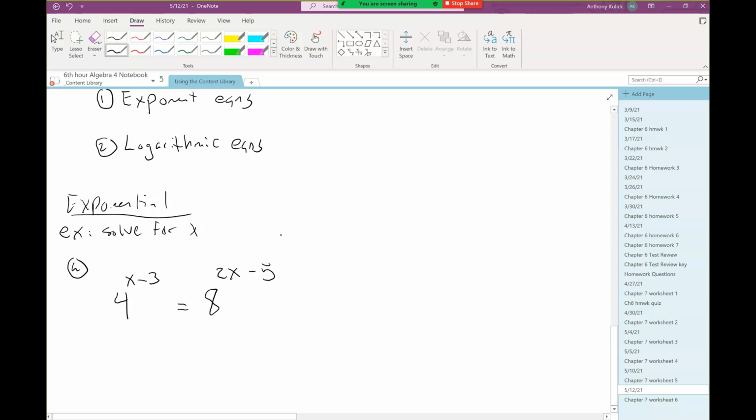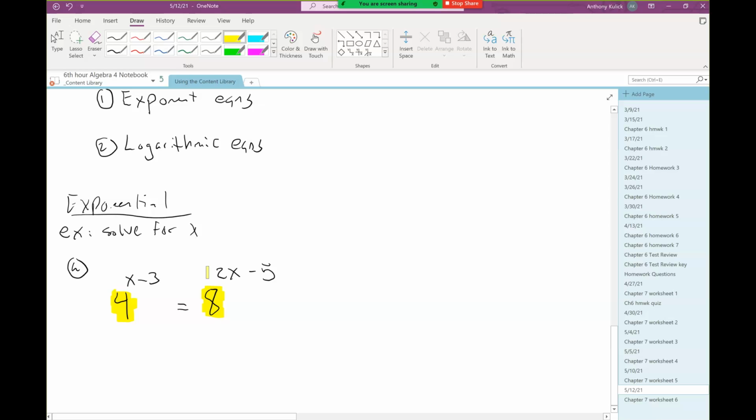So let's say that we have a problem like this. I have 4 to the x minus 3 equals 8 to the 2x minus 5. The first thing I'm going to notice is that the base of my exponentials is not the same number.